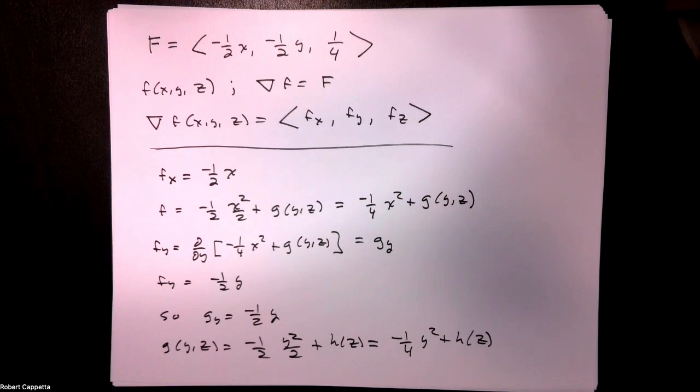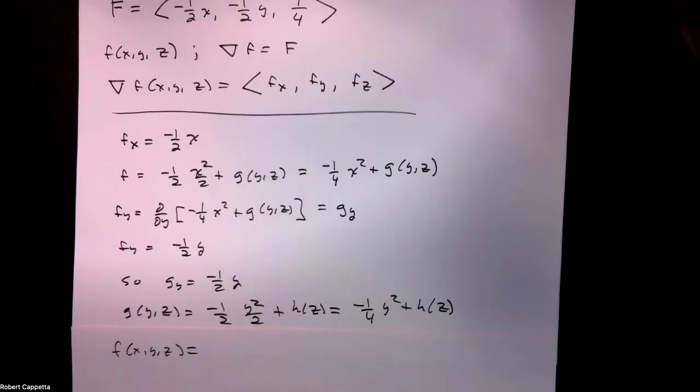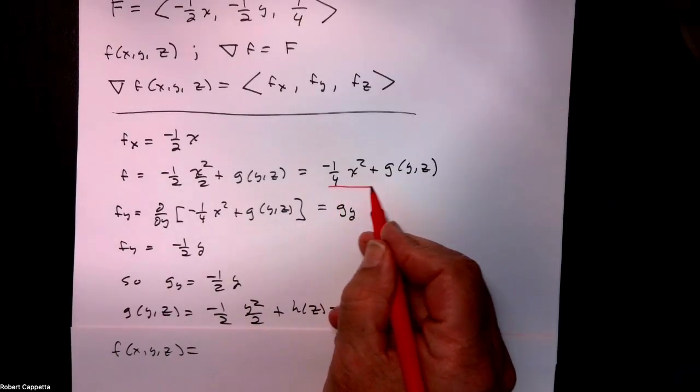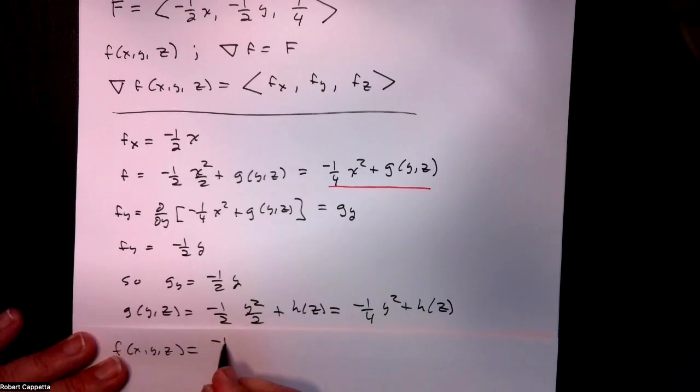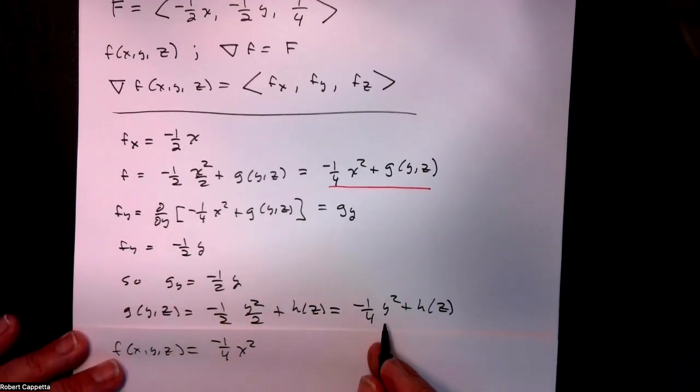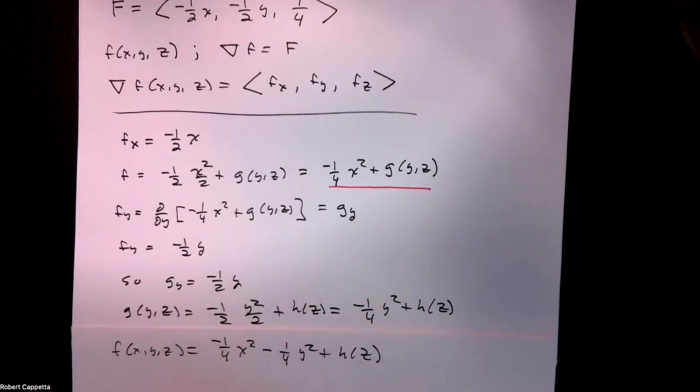So let's continue. So we saw previously that f was negative 1/4 x squared plus g of yz. So that'll be negative 1/4 of x squared plus what we just said g of yz was, which is negative 1/4 y squared plus h of z. So we're getting close to that potential function.